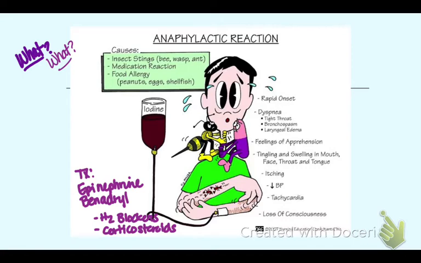So with this, we're trying to prevent intubation, because really they can't intubate them. If the airway swells, they have to do a trach, and so those corticosteroids will help prevent the inflammation, or help it not be as bad.